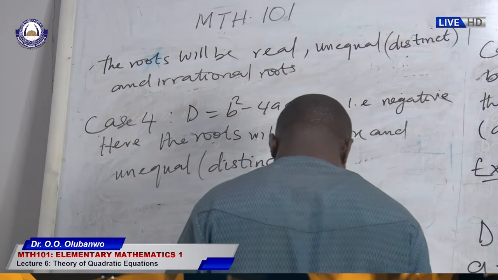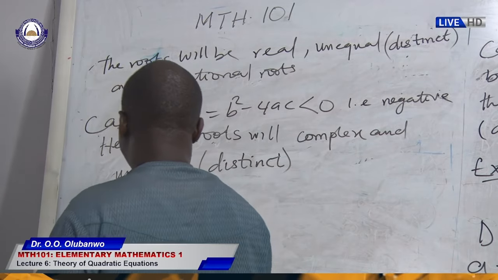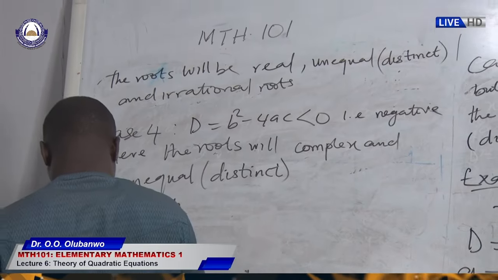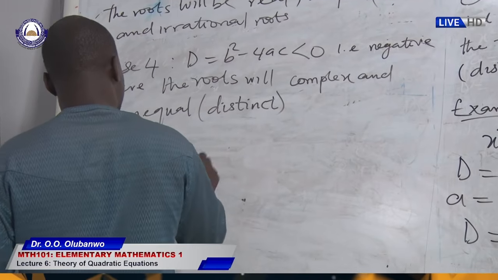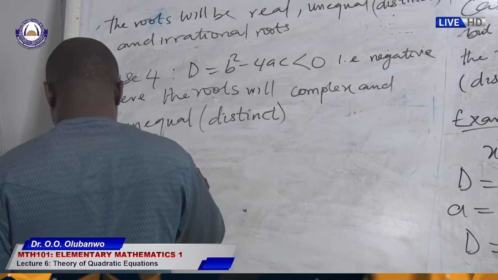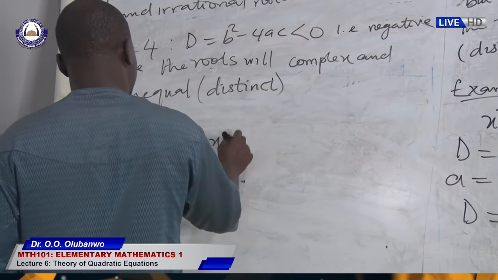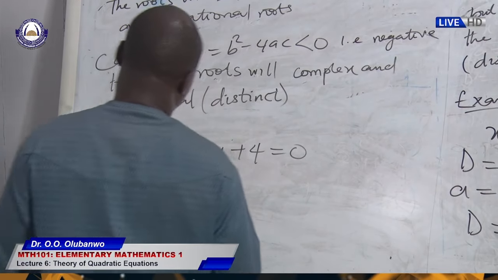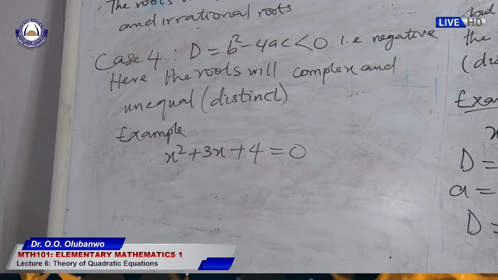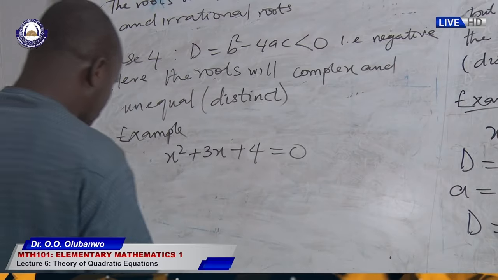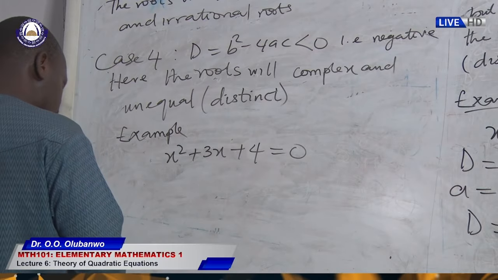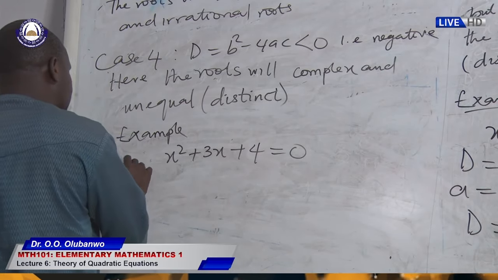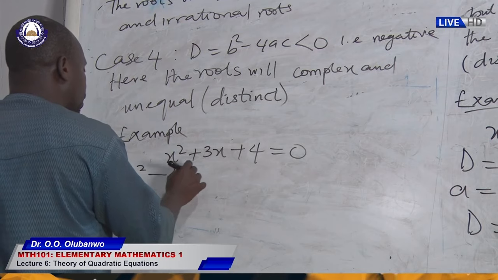Example. x squared plus 3x plus 4 is equal to 0. Our discriminant is b squared minus 4ac.